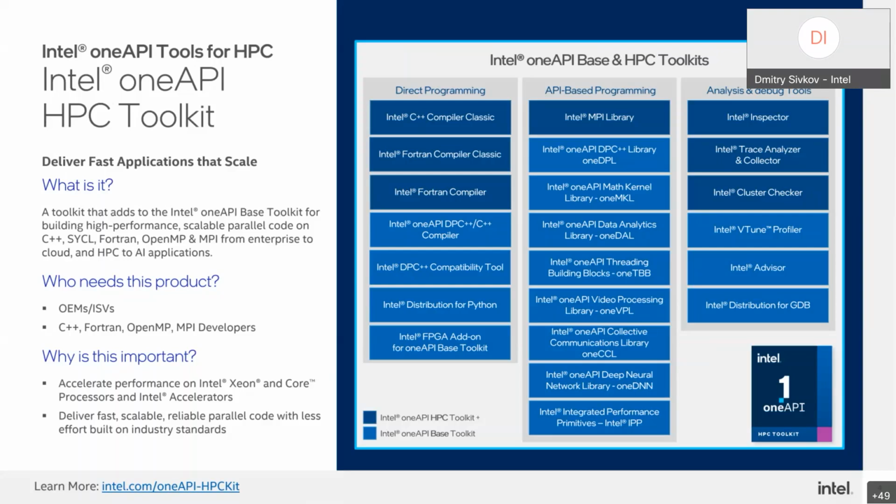Also, for the HPC toolkit, as you can see, we have Intel Inspector, and right after my talk, Heinrich will present some insights on this. And also, we have Intel Trace Analyzer and Collector and Intel Cluster Checker. I have no slides for Trace Analyzer and Collector and Intel Cluster Checker, only a mention of them, but if you want, we can have a special session about them.